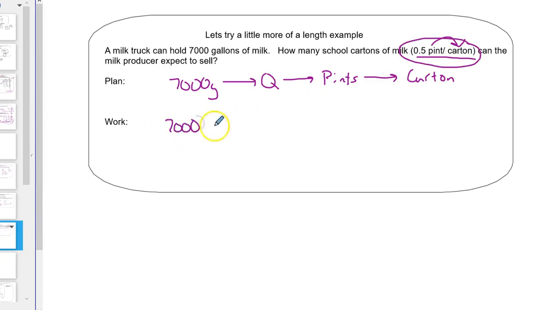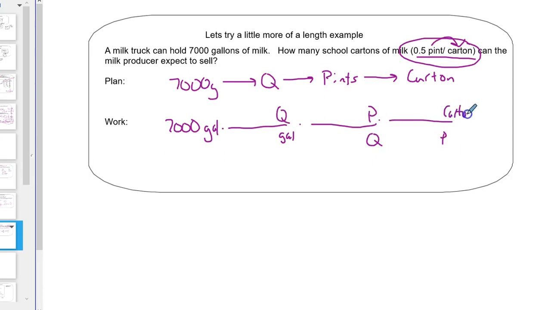7,000. Now again, the rest of this is just literally manual labor. Get rid of gallons, go to quarts, get rid of quarts, go to pints, get rid of pints, and go to cartons. Just line them up. All the thought took place up here, but this process is what we really want to be able to do well and get in the habit of doing. 1 gallon is 4 quarts. 1 quart, 2 pints.